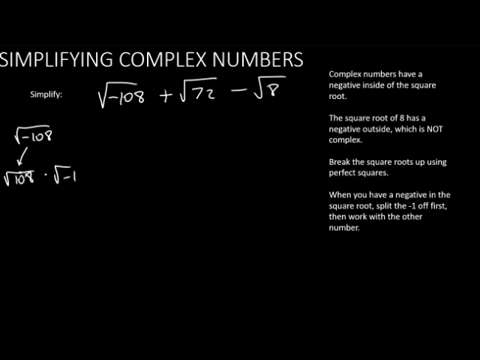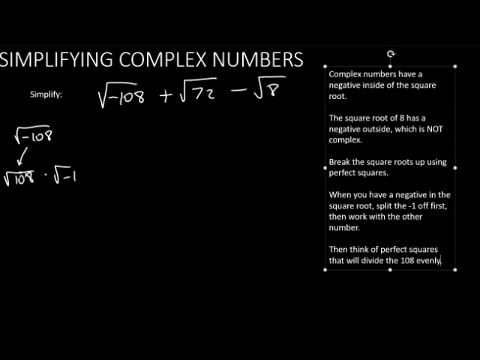Now let's try to think of some numbers that will divide the 108 evenly but are perfect squares. Now you may notice that 108 is divisible by 4. 108 divided by 4 will give us 27.